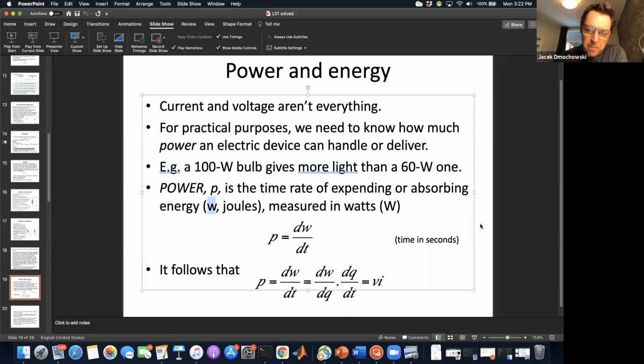And if you multiply power by time, you get energy. Even though the unit of power is the watt or the kilowatt, you often hear things like kilowatt hours. My fridge has a rating of X number of kilowatt hours. That's really just a measure of energy consumption.